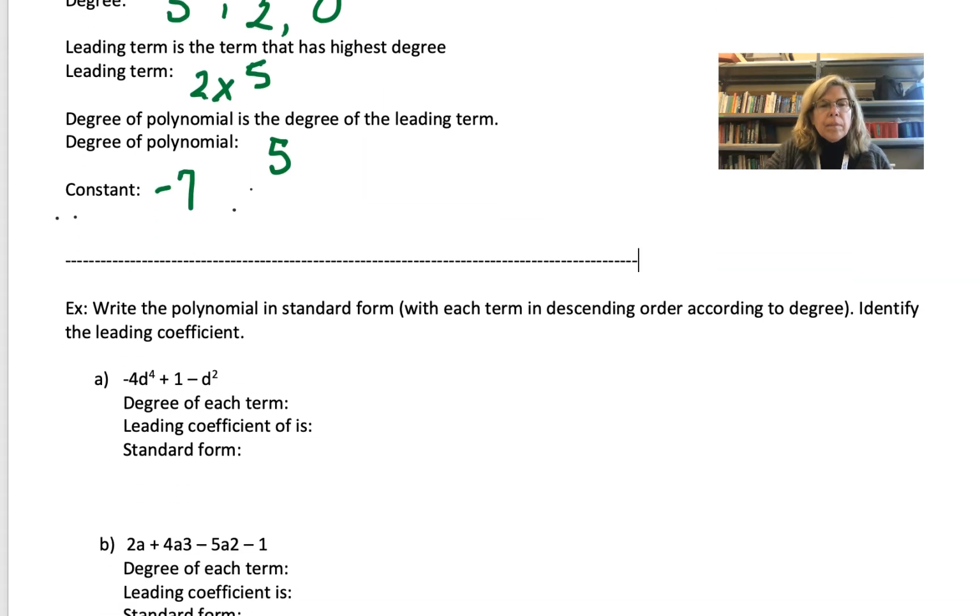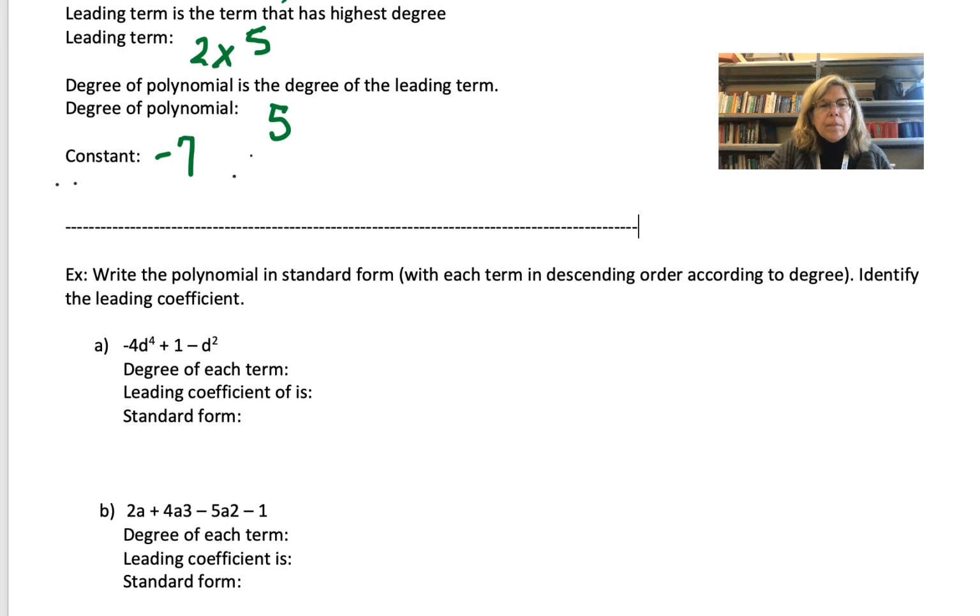Okay, now the next section we're going to work on is just about manipulating the polynomial. So the question is, write the polynomial in standard form, which means each term in descending order according to degree. Identify the leading coefficient. So if we look at the terms here, we have 3 terms, right? 1, 2, 3, so it's a trinomial. And the degree of each term: the degree of the first term is 4 because it's d to the 4th.